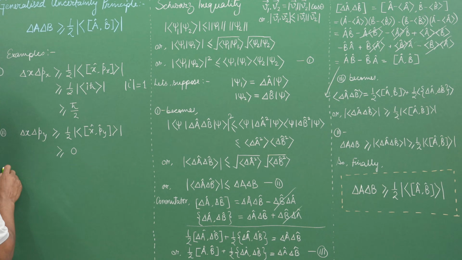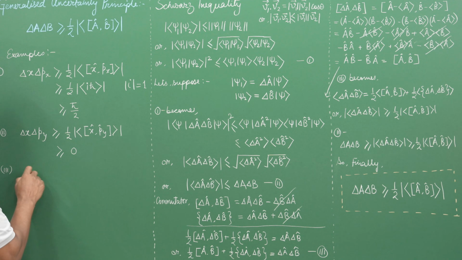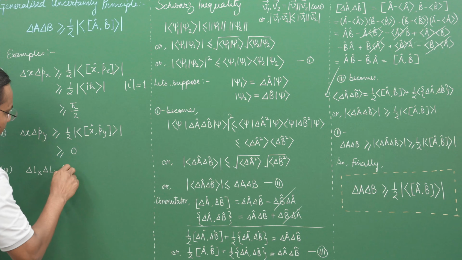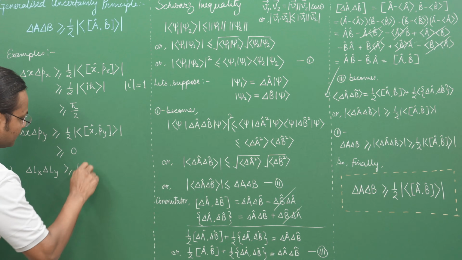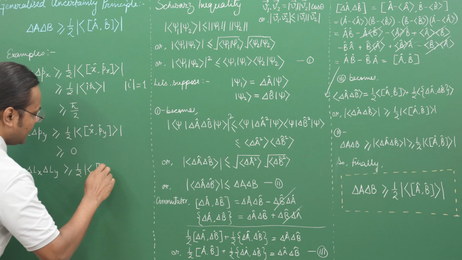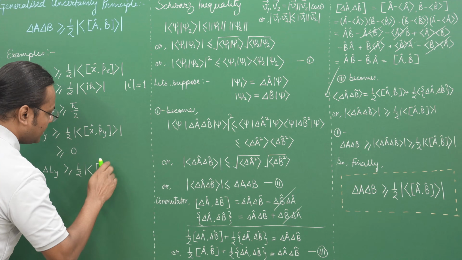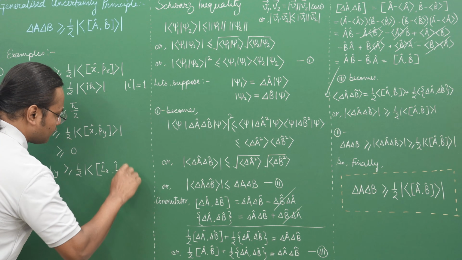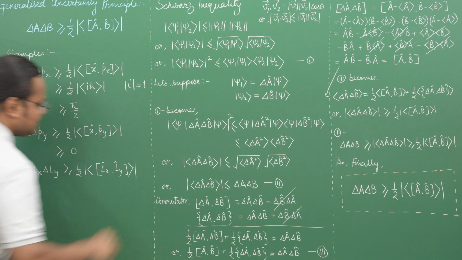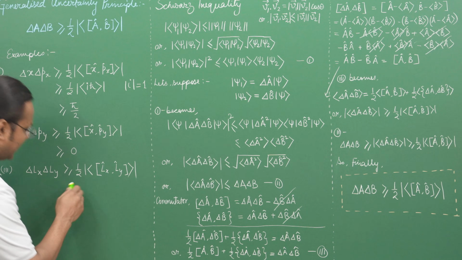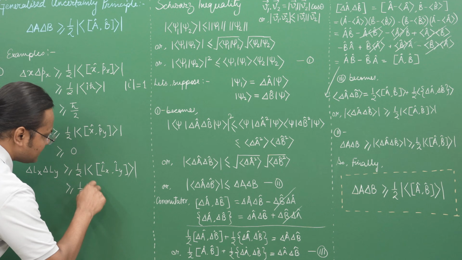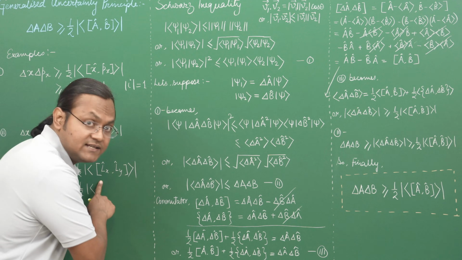Let us look at another example. What if I take angular momentum Lx and angular momentum component Ly? It is always greater than half of the expectation value of the mod of the commutator of Lx and Ly. If you are familiar with the angular momentum topic in quantum mechanics, there is a very simple expression for the commutator of Lx and Ly.